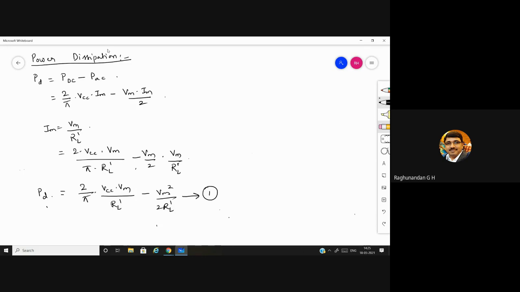See, in class A power amplifier, the dissipation was maximum. That means PD was equal to PDC. The entire DC power used to dissipate in the form of heat. But look into this class B power amplifier power dissipation. In both PDC and PAC, we have the factor Vm.